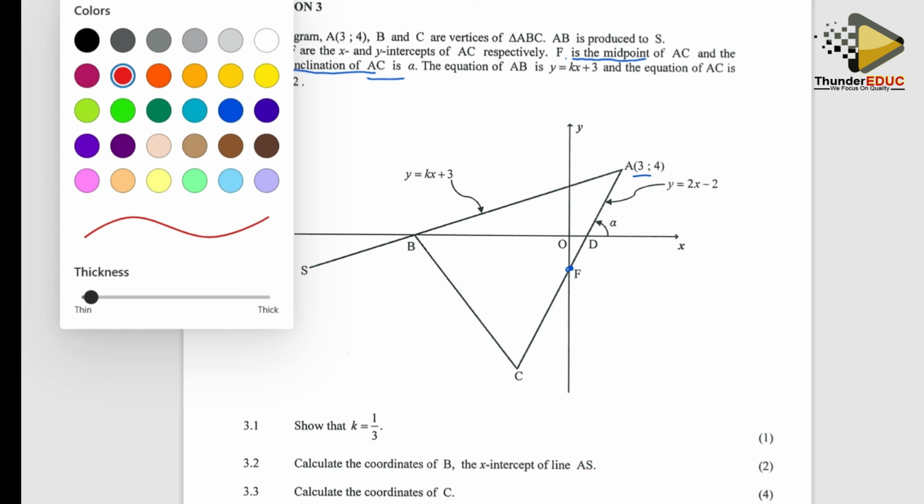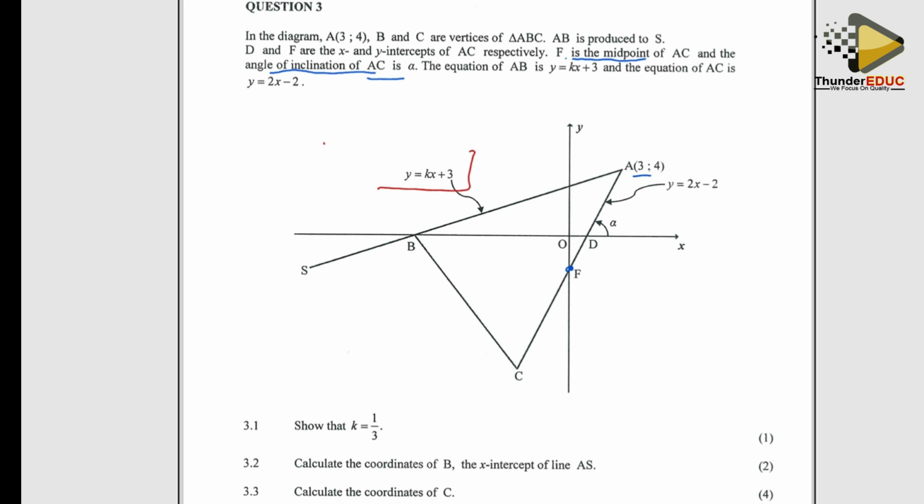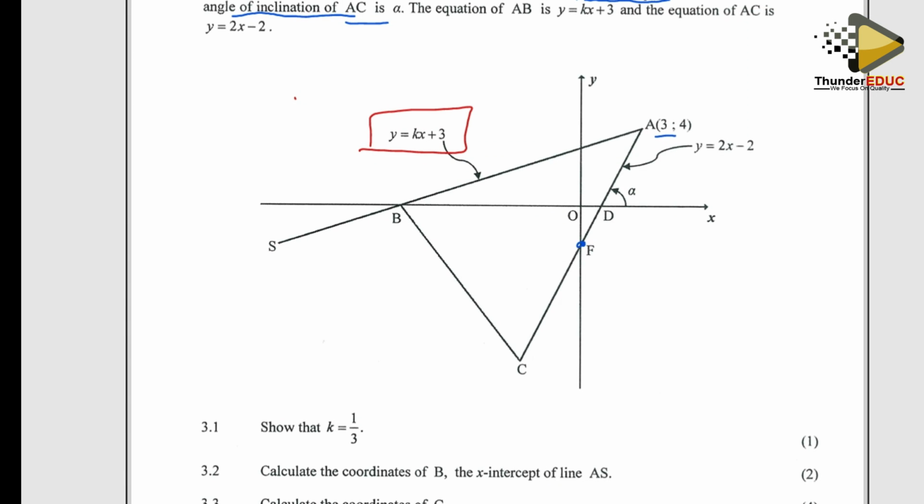So what we need to do is that K is within the equation of AB. We can get one set of coordinates, which is A, and we use that. So I'm going to say y is equal to Kx plus 3. Where there is x, I'm going to put a 3. Where there is y, I'll substitute a 4. So 4 is equal to Kx plus 3.